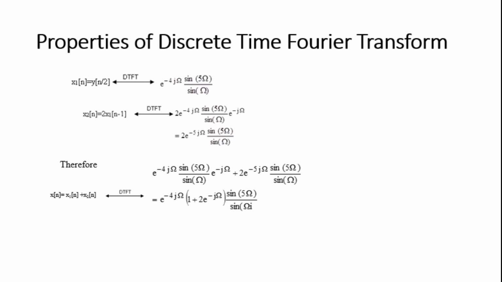Then x of n is equal to x1 of n plus x2 of n. If we take the discrete time Fourier transform, we get e power minus 4 j omega into 1 plus 2 into e power minus j omega into sine 5 omega divided by sine omega.